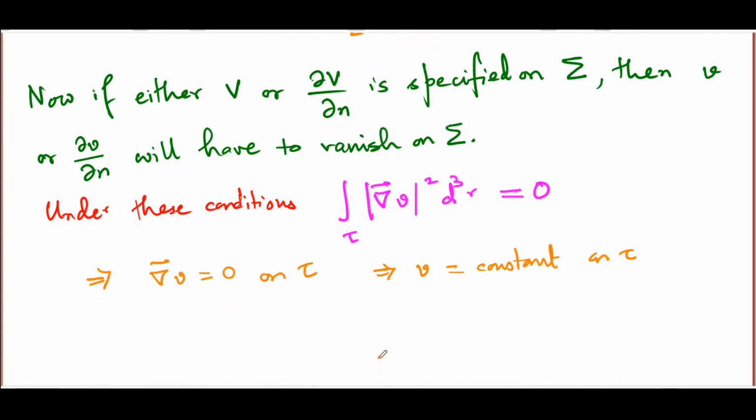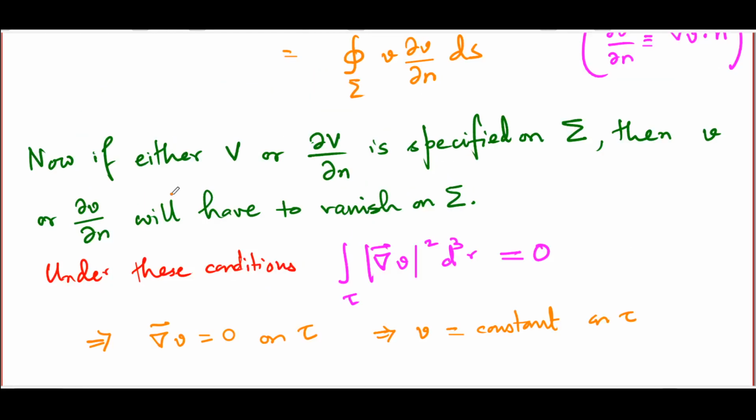As a result, this integral being 0 actually tells you that grad v mod square has to vanish everywhere on tau. In other words, grad v, the gradient of the scalar field V, has to vanish on tau. And we have seen a while ago that if the gradient of a scalar field vanishes identically in a region, then the scalar field will have to be a constant.